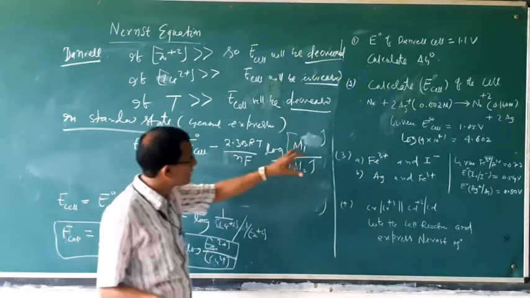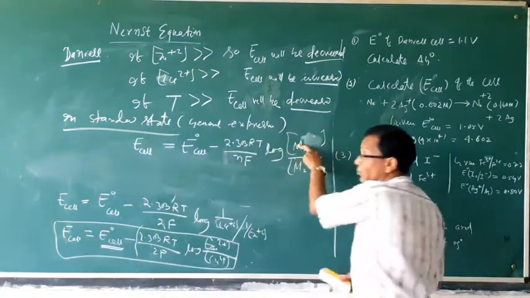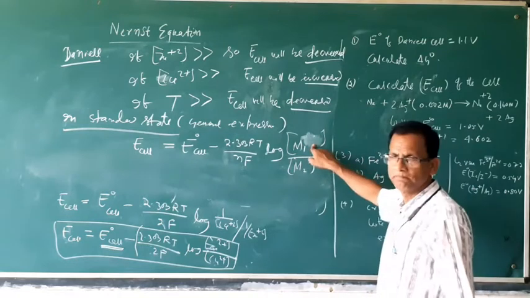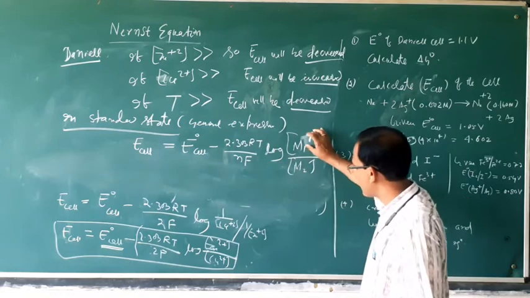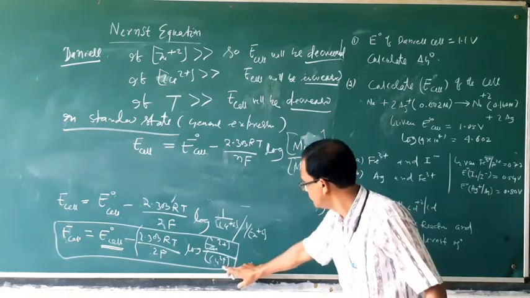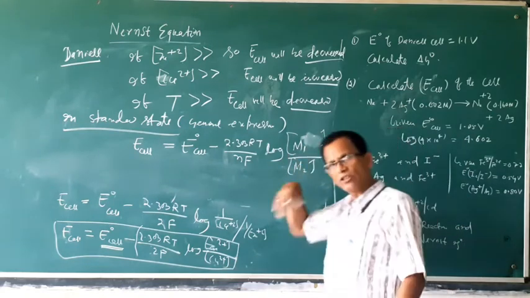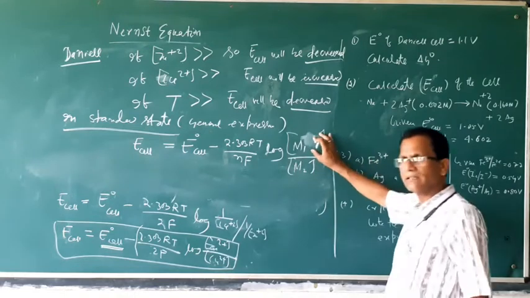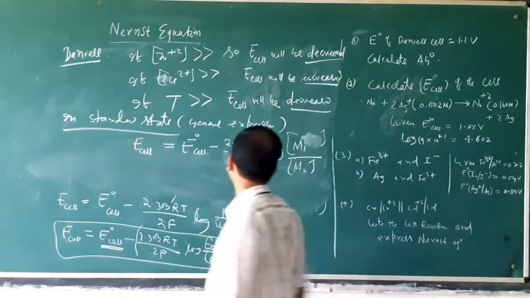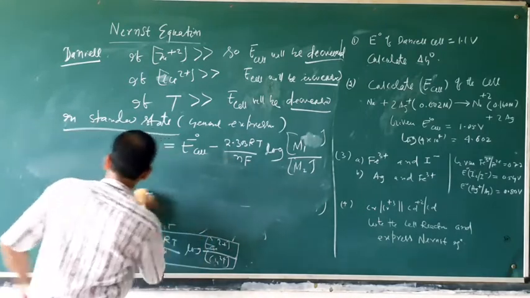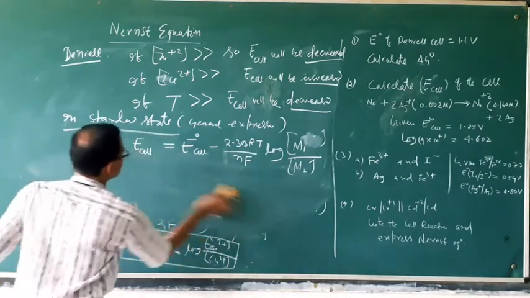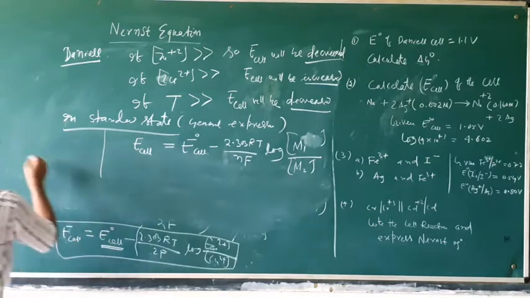But which part will be in the numerator? Always the one which is oxidized. Because in the Daniel cell, zinc ion will be above and copper ion will be below. So that which is oxidized will be written as the numerator, and that which is reduced will be written in the denominator.